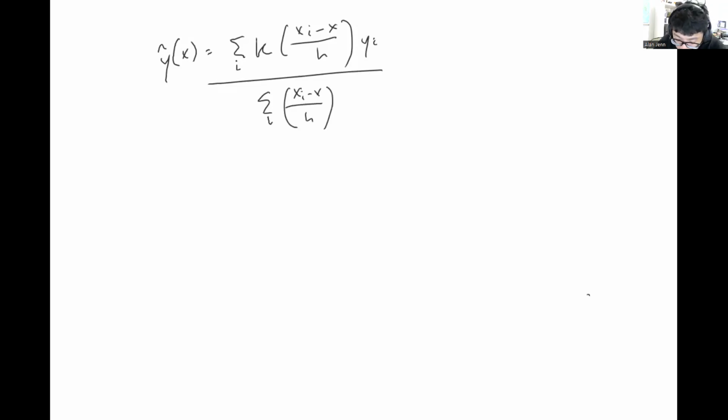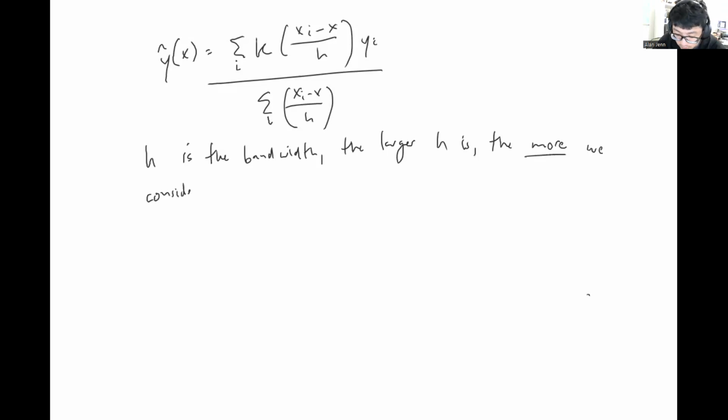So H is the bandwidth. The larger H is, the more we consider farther points.